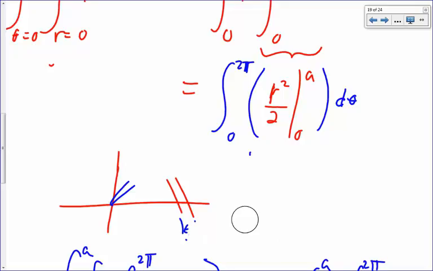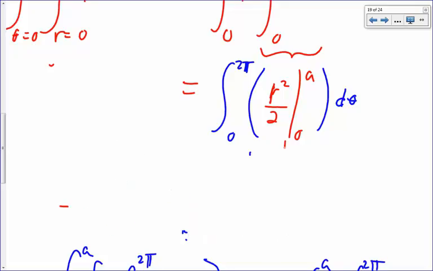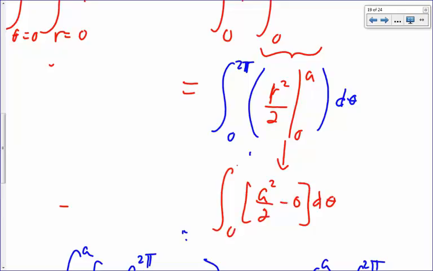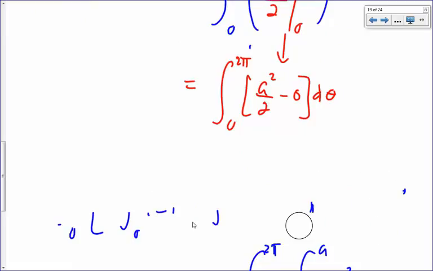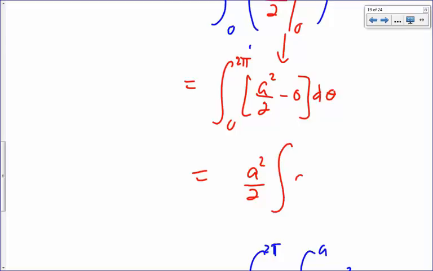So what's r squared over 2 evaluated from 0 to a? This is just going to be a squared over 2 minus 0, d theta, integral from 0 to 2 pi. So that would be a squared over 2, which I can just factor out, integral of d theta from 0 to 2 pi.